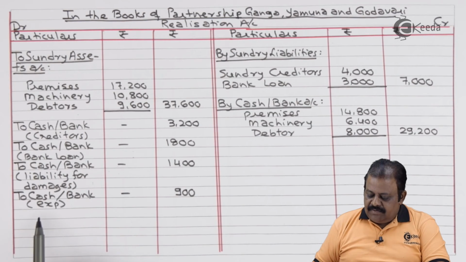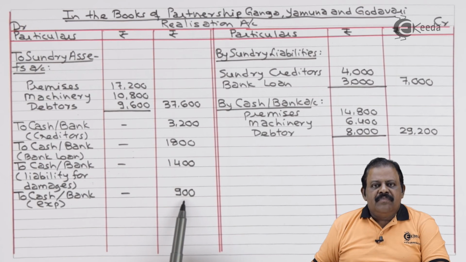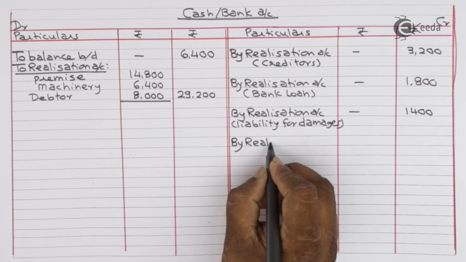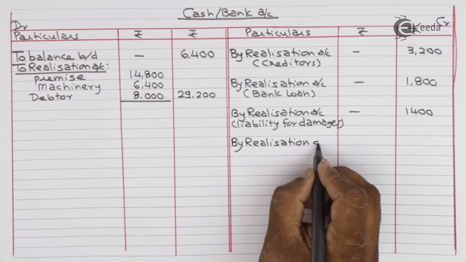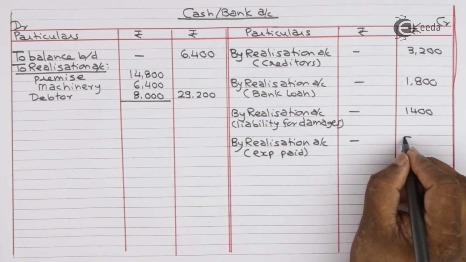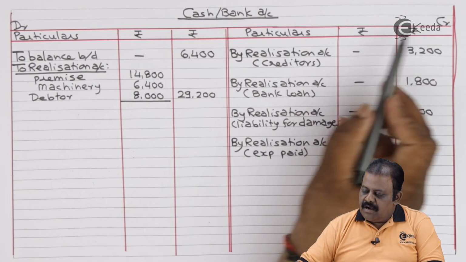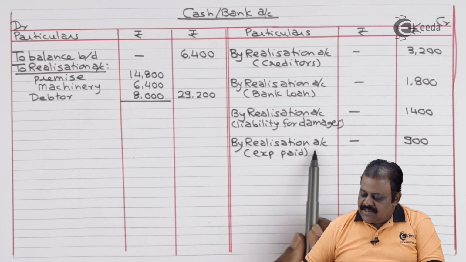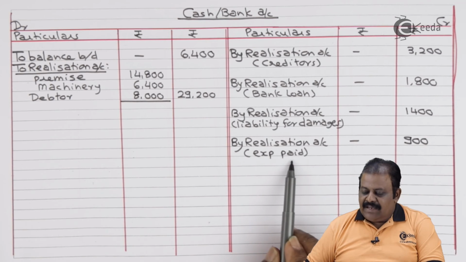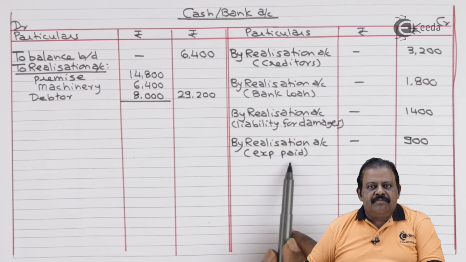Realization account debit to cash bank, expenses paid 900. Cash bank account credit by realization account 900 for realization expenses paid.